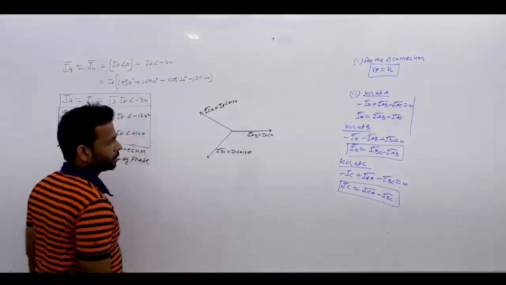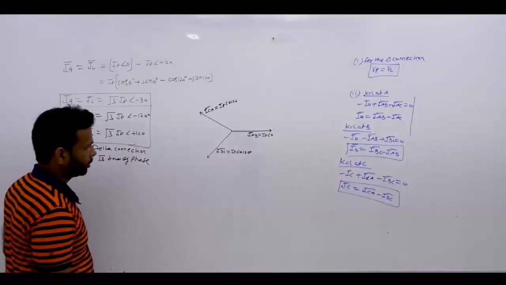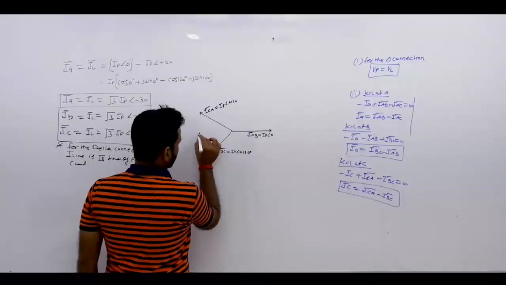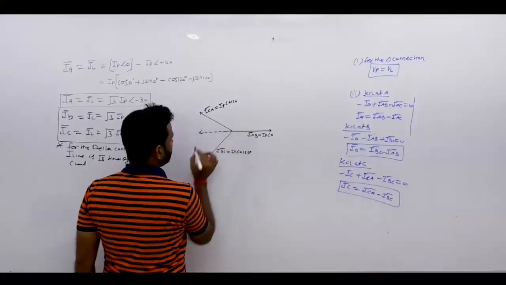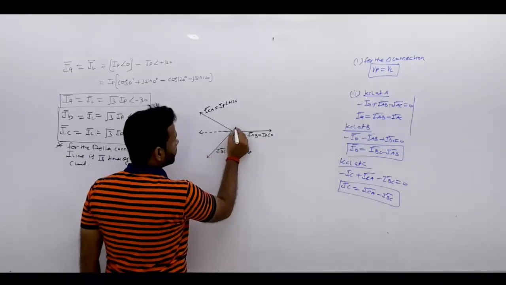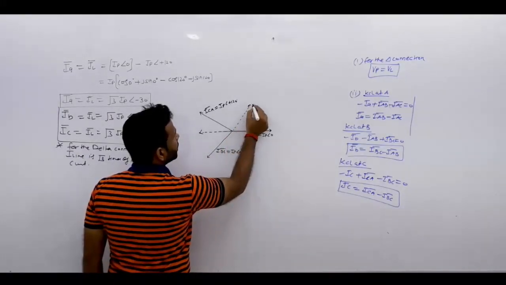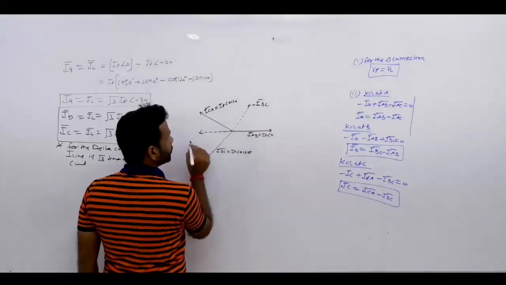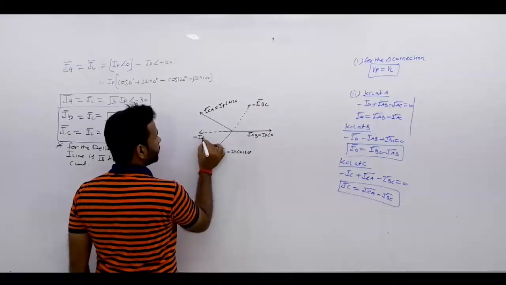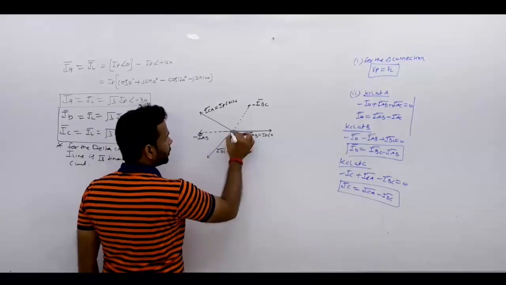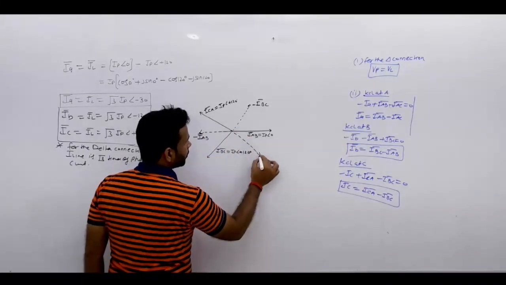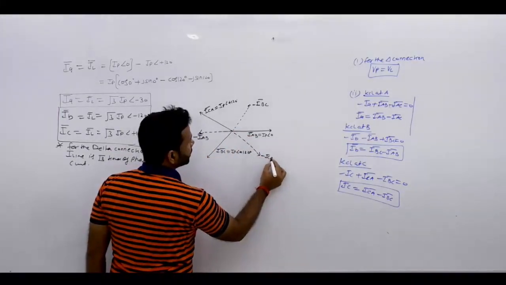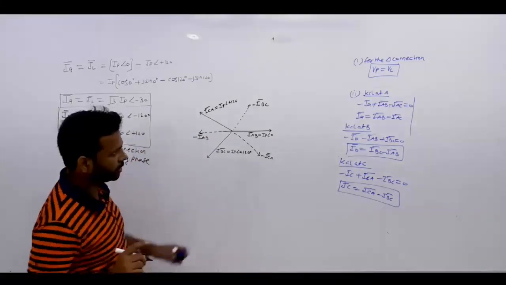If you see your last result, now if we extend in the negative direction, then it is what? Minus IBC. It is what? Minus IAB. And this is what? It is minus of ICA. यहाँ तक clear है? Now see the result.